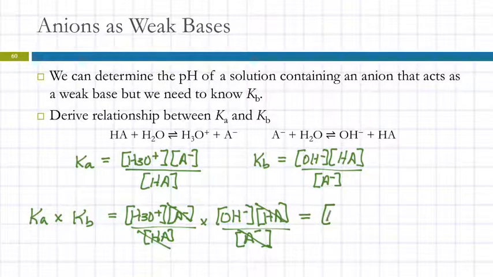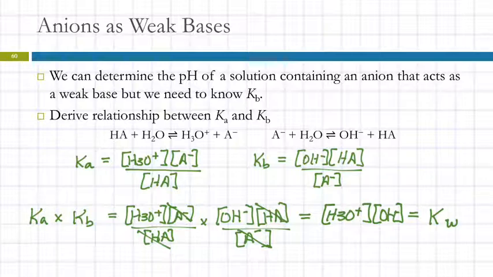And we're left with H3O plus times OH minus. And what does that equal? One times 10 to the minus 14, which we also call Kw, the ionization constant for water. So the relationship here is that Ka times Kb is equal to Kw. So if you know Ka, you can find Kb. Any questions?